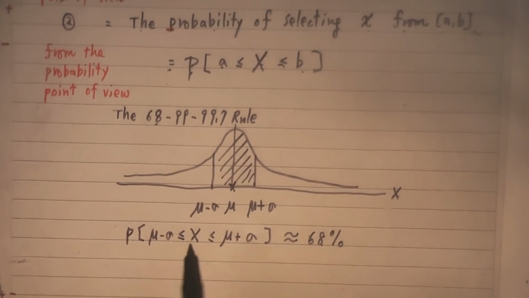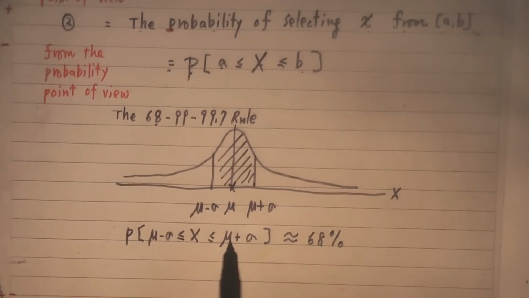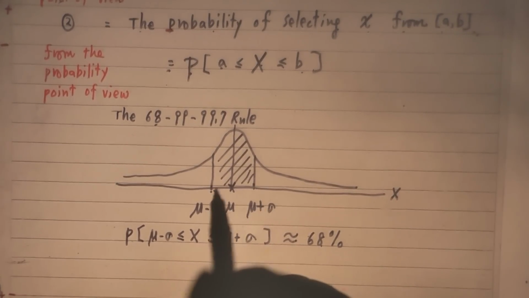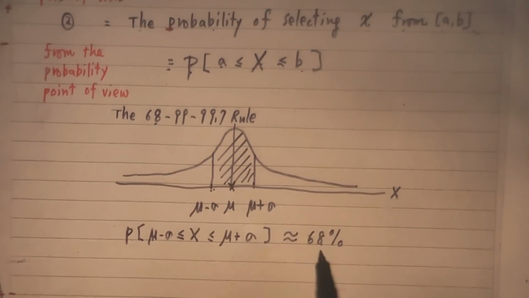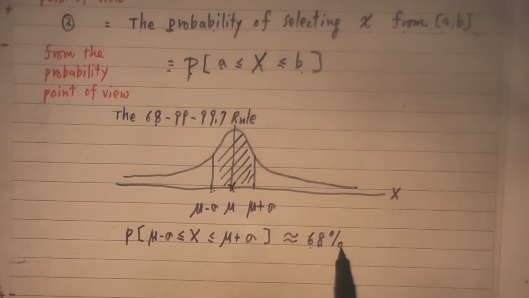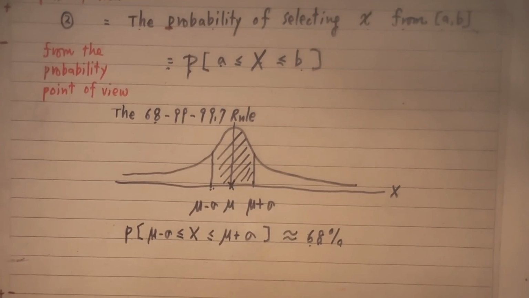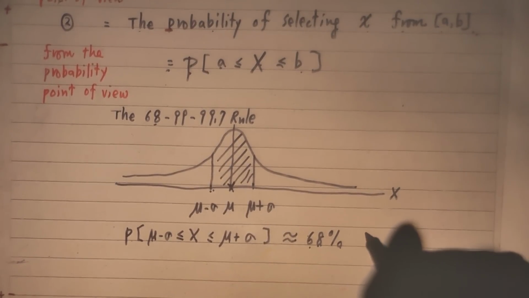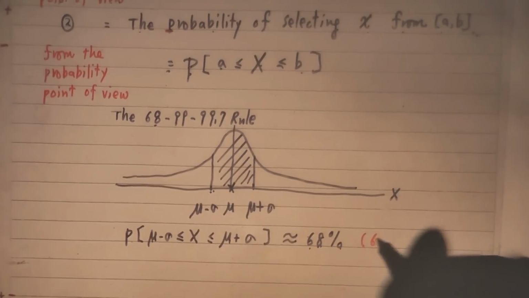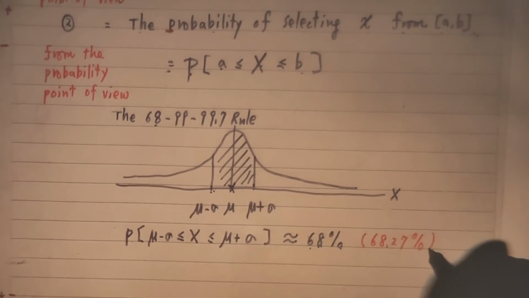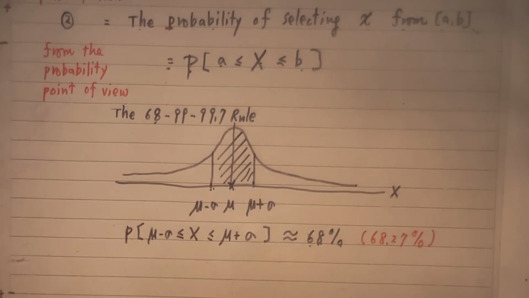Okay? Let me repeat. Within 1 sigma around the center mu, we cover about 68% of observations. Now, if you check the standard normal table, you're going to find the actual probability is 68.27%, which is very close to 68%.